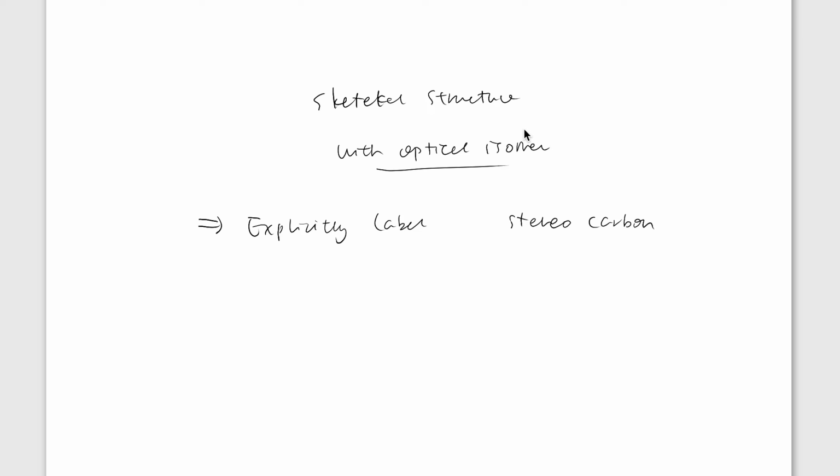Not just the stereo carbon, any stereo atoms. Sometimes it may not be a carbon. You need to properly label it.